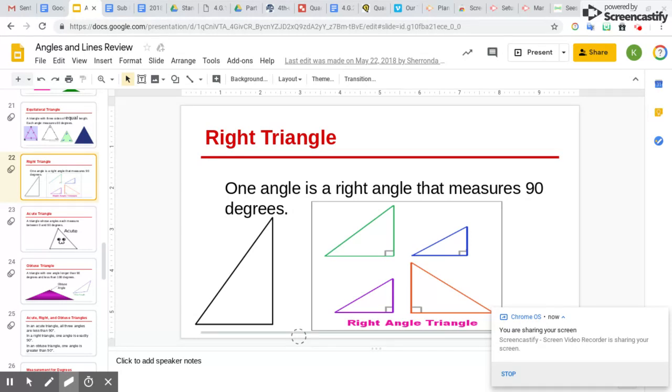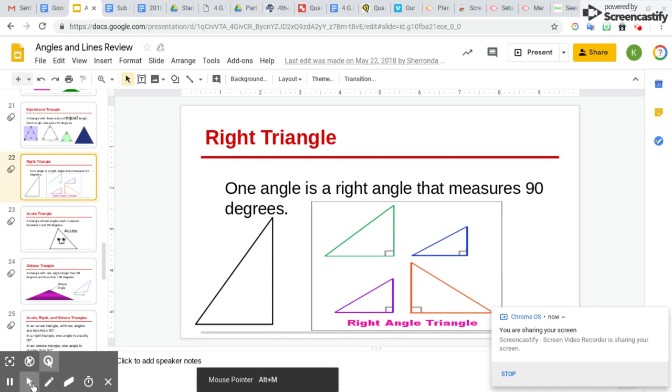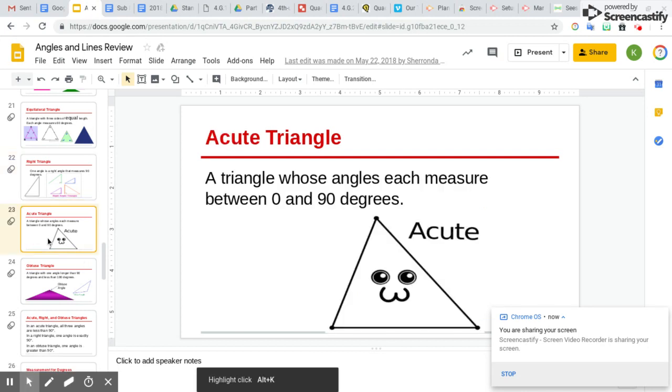So I'm going to move right along, okay, to acute. Let me put this back first. And we're going to move to acute triangle, okay? And again, remember when we talked about angles.